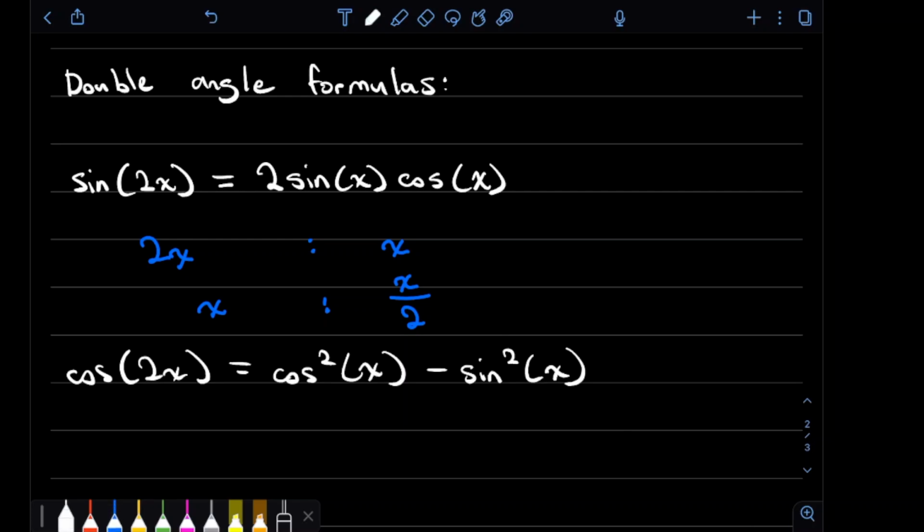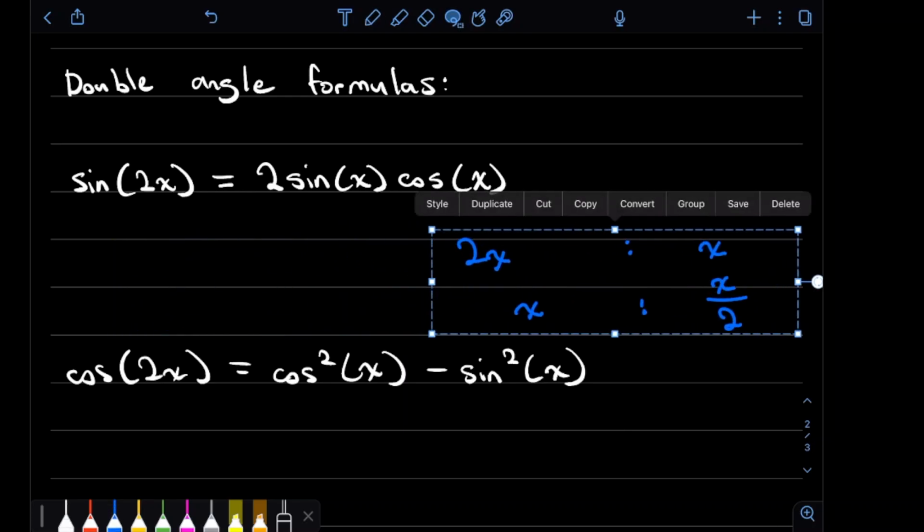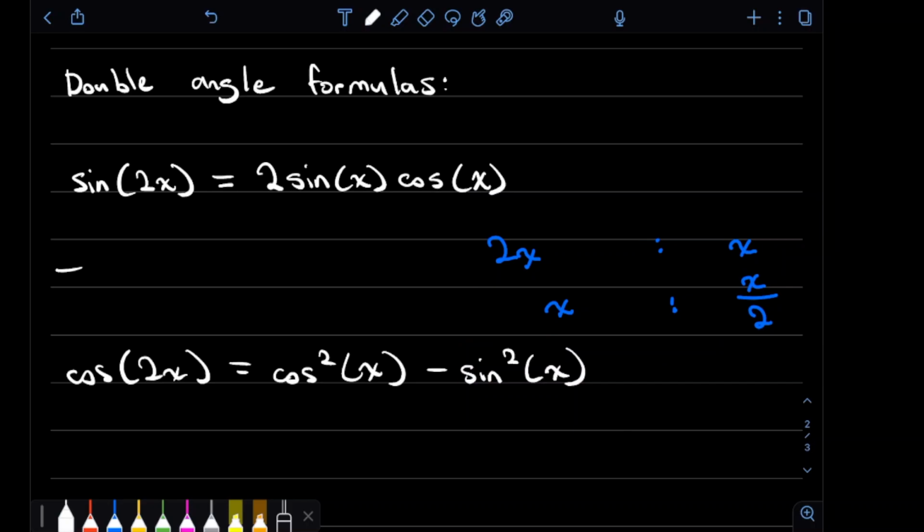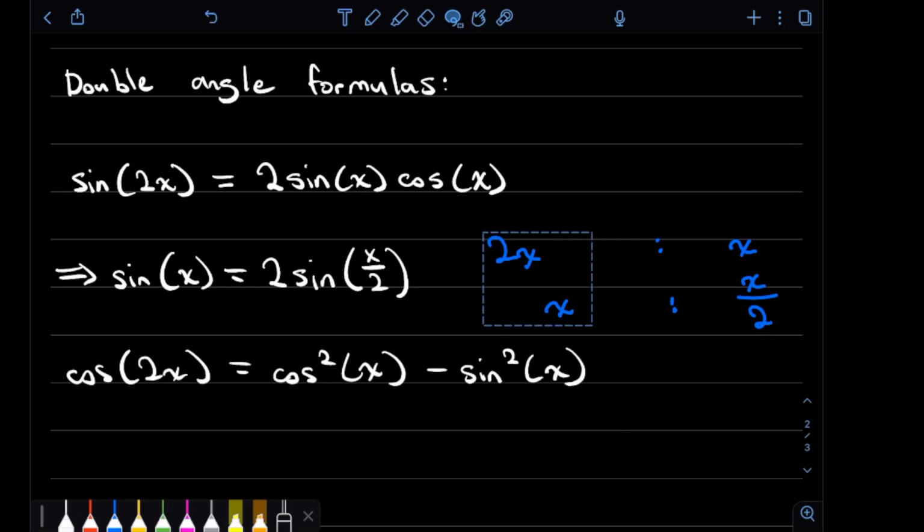So this statement over here, and I'll move this to the side, is equivalent to saying sine of x is equal to 2 sine of x over 2 cosine of x over 2. If this seems a little confusing, you can think of it as doing a substitution within the equation.